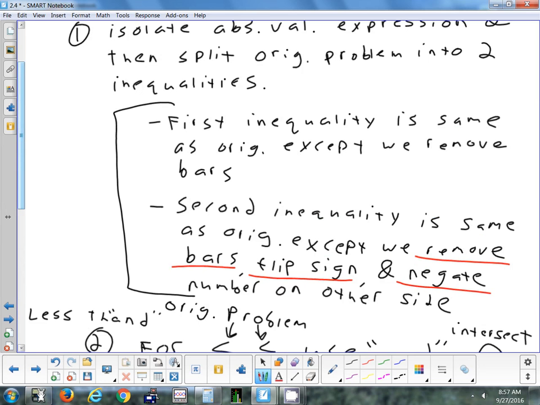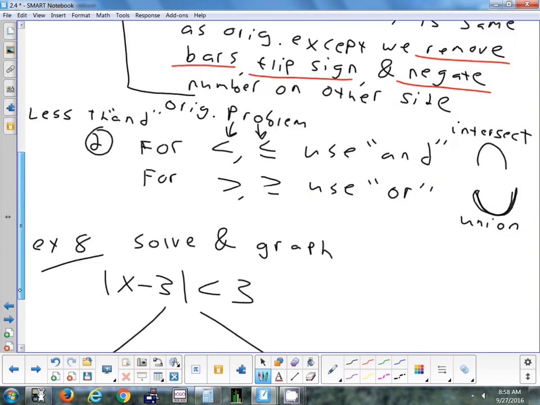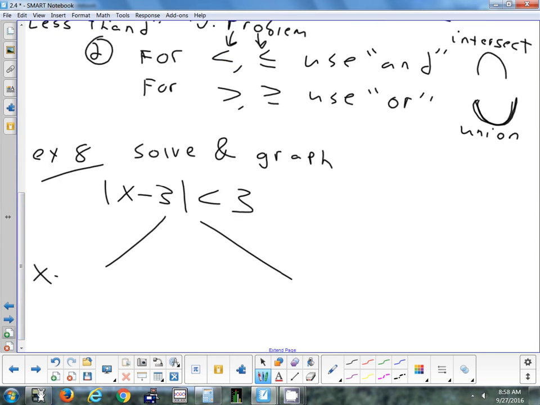Am I doing the first part? Then we just x minus 3. Oh, x minus 3 is less than 3. Yep. So we still need that. And then the other one would be. You want to do the other one? I was only going to ask you to do one. Anybody else want to do the other one? Yep. Ellen? X minus 3 is greater than negative 3?